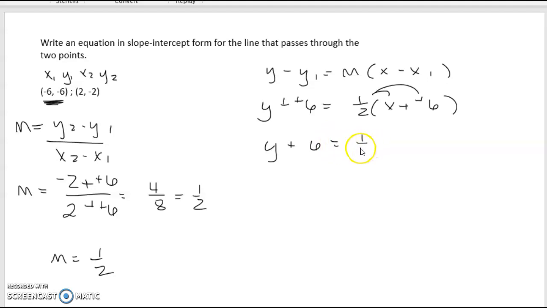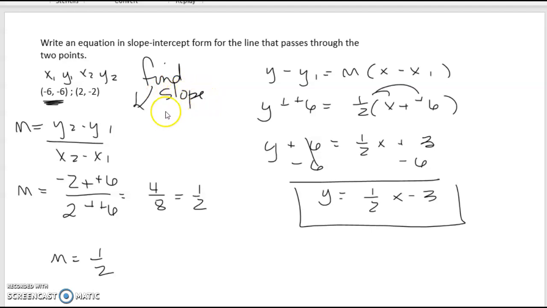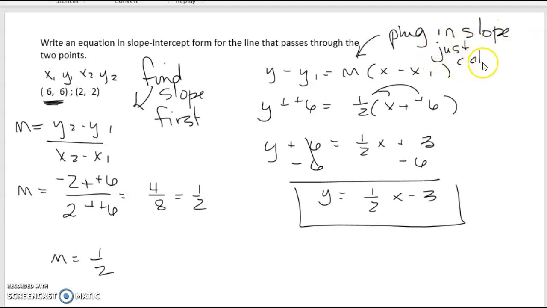So I have y plus 6 equals 1/2 x plus a 3 minus 6. Y equals 1/2 x minus a 3. So remember, we're going to find slope first. And then we're going to plug in the slope we just found, as well as the x1 and the y1.